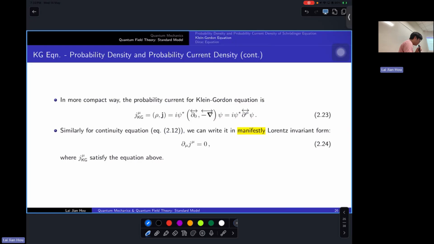The next one, if we are putting the probability current in the four vector form. Four vector form in the sense that the first term is rho and the other three terms are a vector J. This is just a shorthand notation.